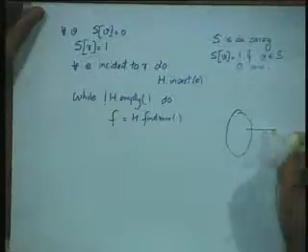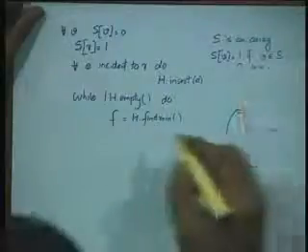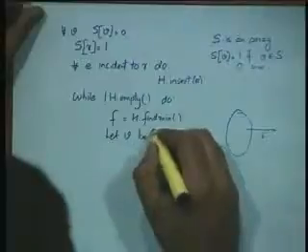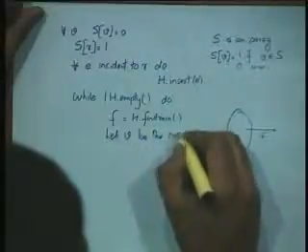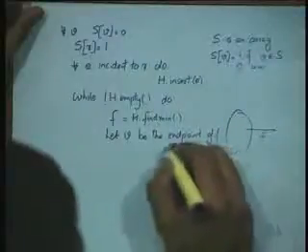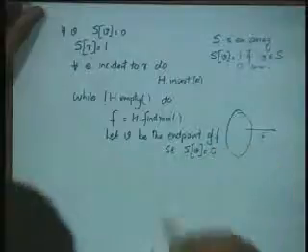I have to find the endpoint of F which is not in S. Let V be the endpoint of F such that S of V equals 0.